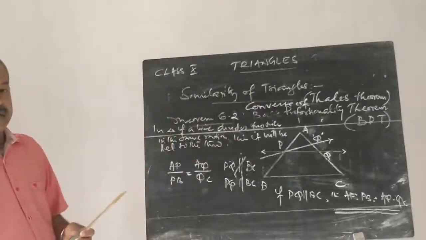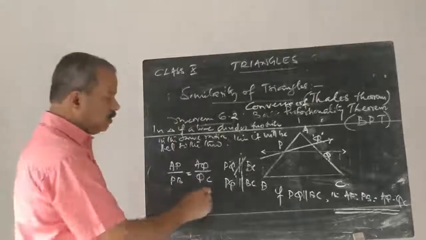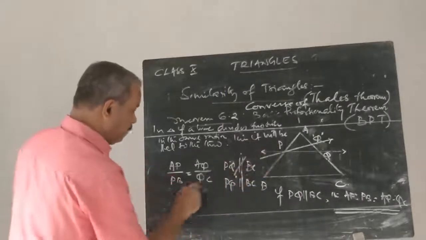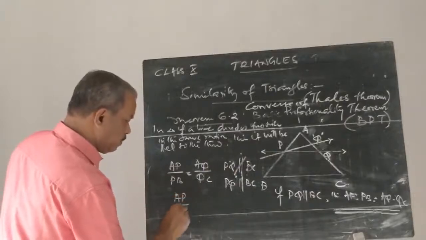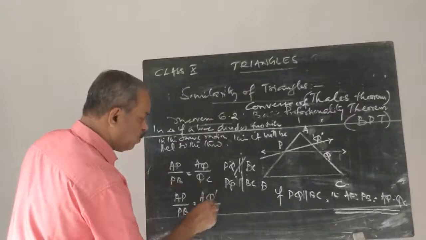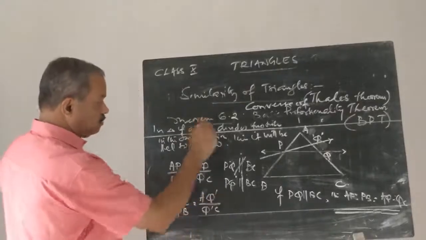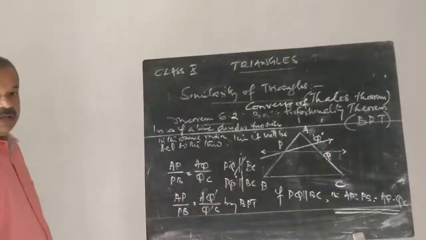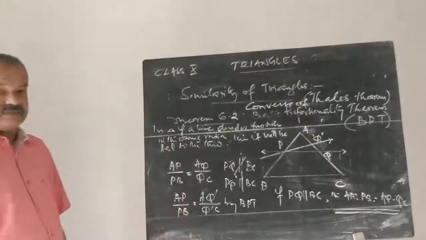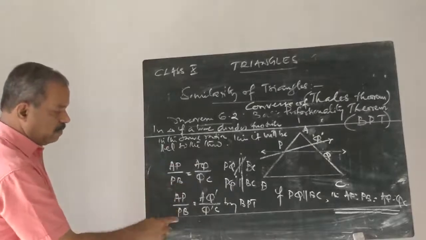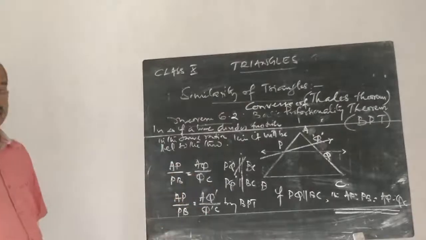What is the BPT? If PQ dash parallel to BC, then AP by PB equal to AQ dash by Q dash C by BPT. Now compare the right hand sides. AP by PB equal to AQ by QC. AP by PB equal to AQ dash by Q dash C.